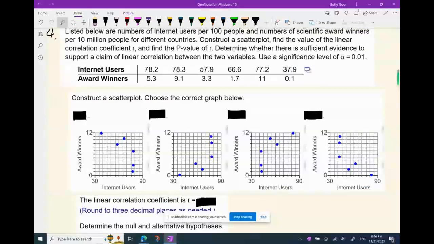Let's go to stat, edit. I'm going to clear everything, all right? I like to use L1, L2.